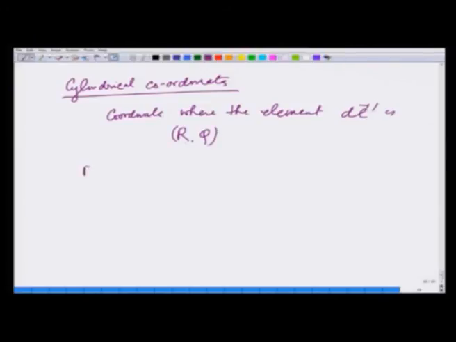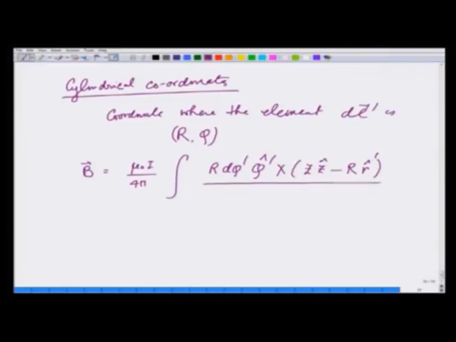So, you are going to have B equal to mu 0 I over 4 pi integration, dl prime is going to be r d phi prime in the phi prime direction, cross r minus r prime, which is going to be z direction minus r direction, divided by z square plus r square raised to 3 by 2, which is mod r minus r prime cubed.